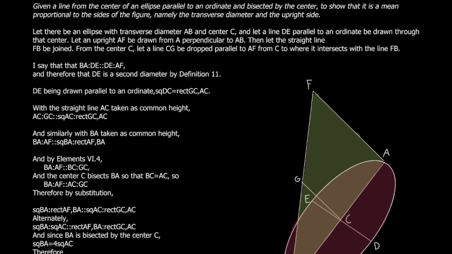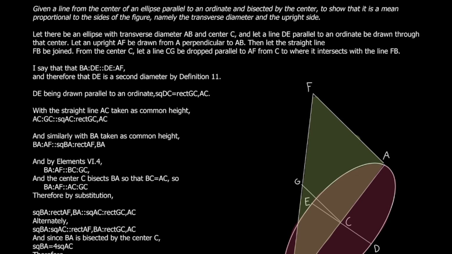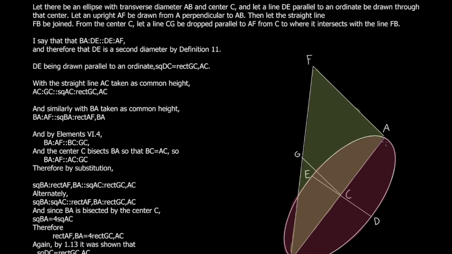Given a line from the center of an ellipse, center meaning the center of the diameter, parallel to an ordinate and bisected by the center, to show that it is a mean proportional to the sides of the figure, namely the transverse diameter and the upright side. Let there be an ellipse with transverse diameter AB and center C, and let a line DE, parallel to an ordinate, be drawn through that center.